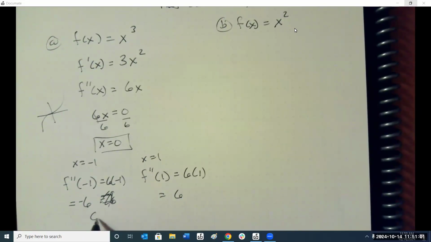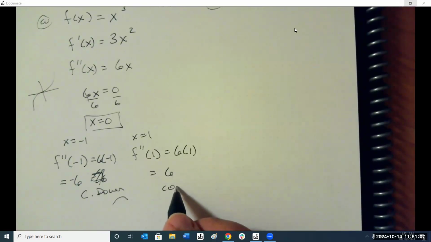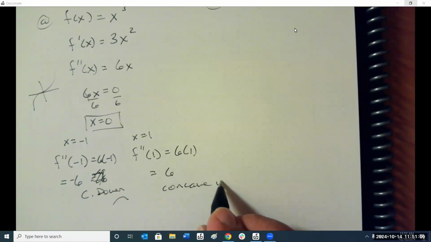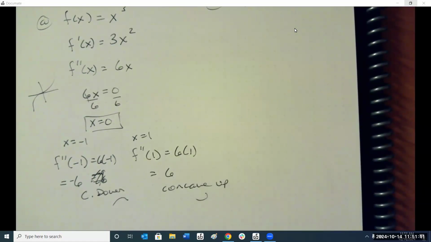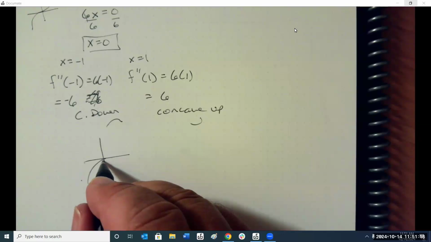So this is concave down, like this. This is concave up, so it's like this. So that's concave down, and that's concave up.